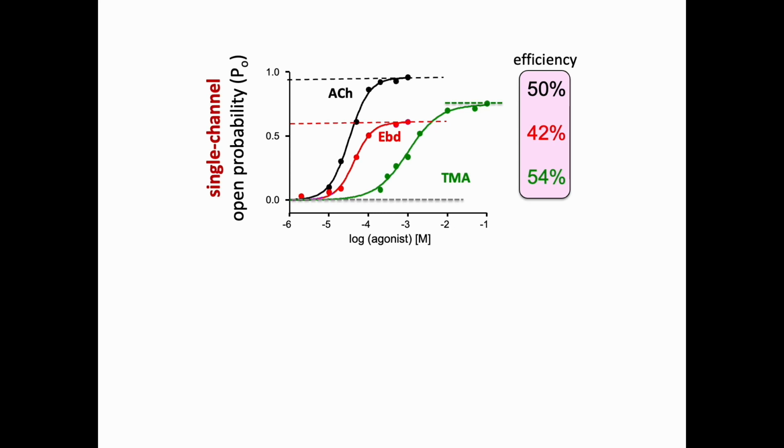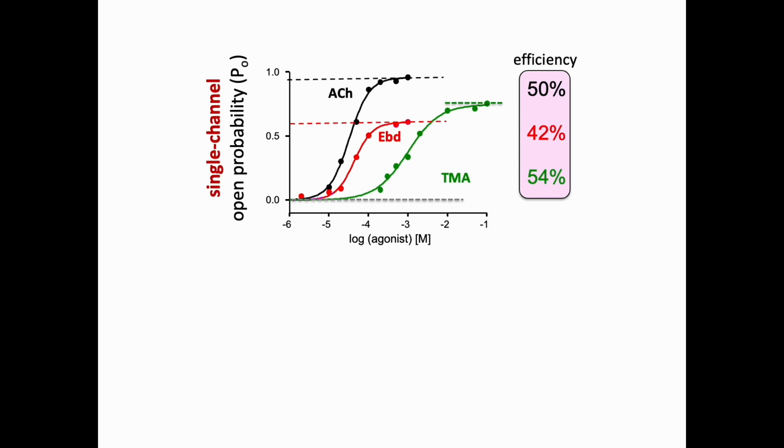So these are the three dose response curves, and we take those numbers that I showed you previously and run them through our pink equation, multiplying by 100 to get a percentage. We get the efficiencies of acetylcholine being 50% efficient, epibatidine 42%, TMA 54%. So half of the binding energy of ACh is converted to energy for the conformational change of gating.